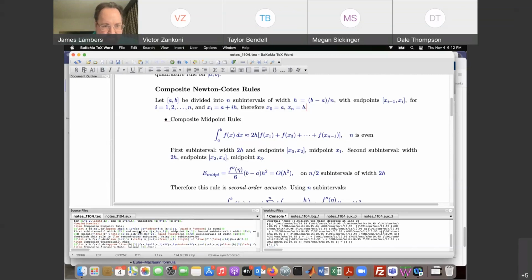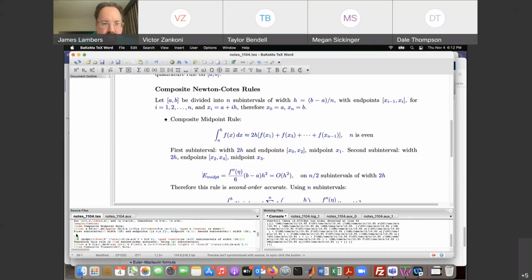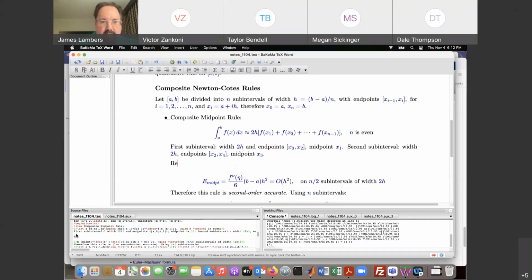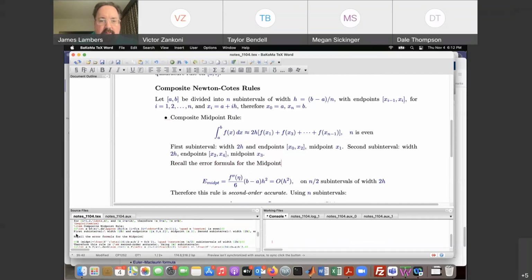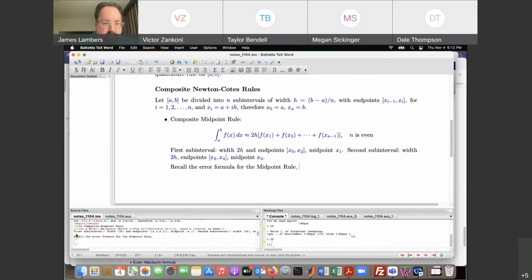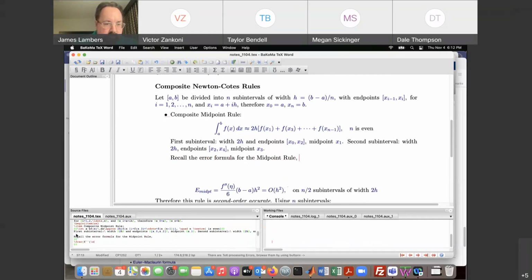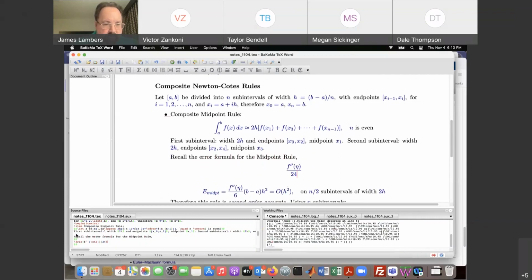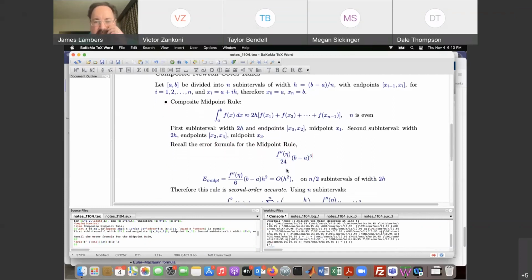Where the point is an unknown point in the interval.